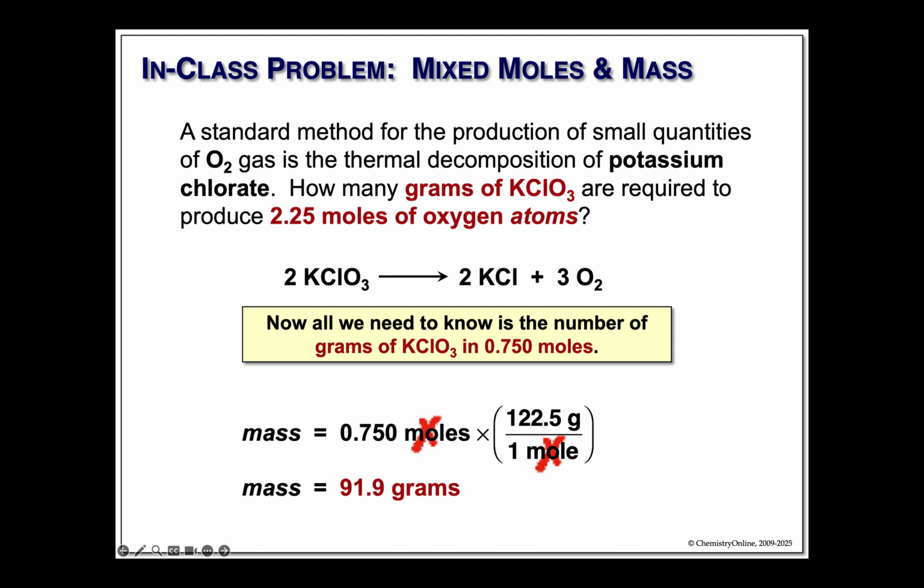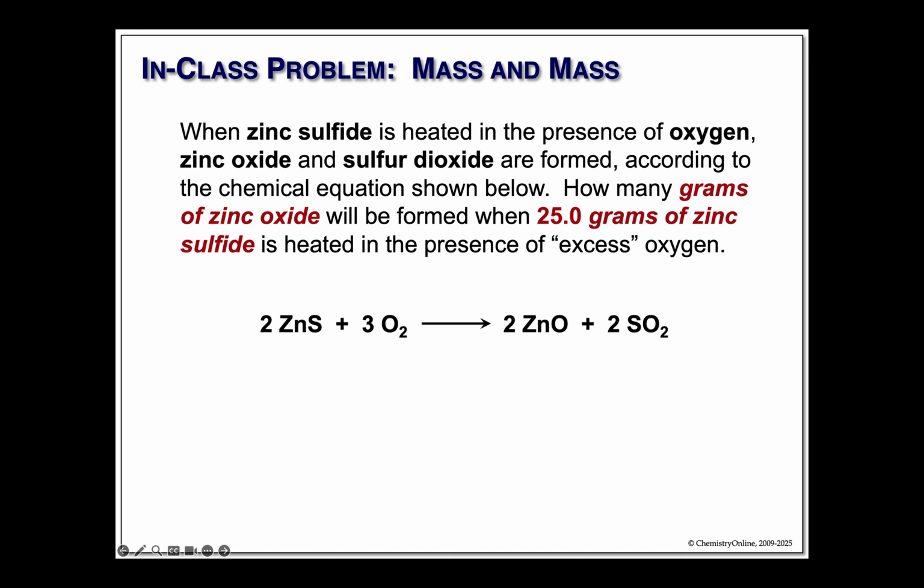So, once again in this problem, one of the things we were interested in was in terms of grams. Far more common for a lab experiment is if everything is in terms of mass. Then we're taking zinc sulfide, reacting it with oxygen to get zinc oxide and sulfur dioxide.